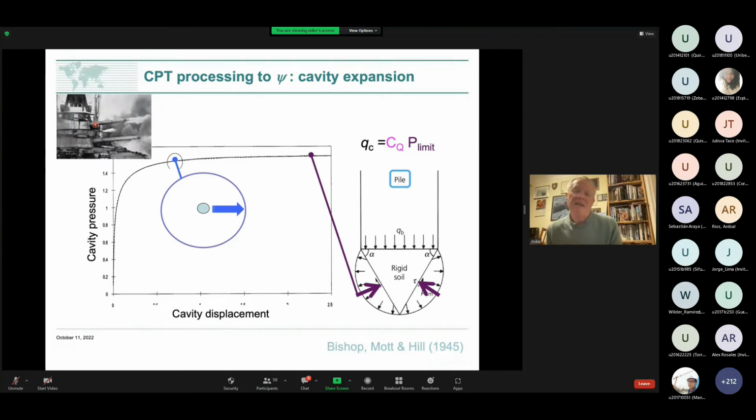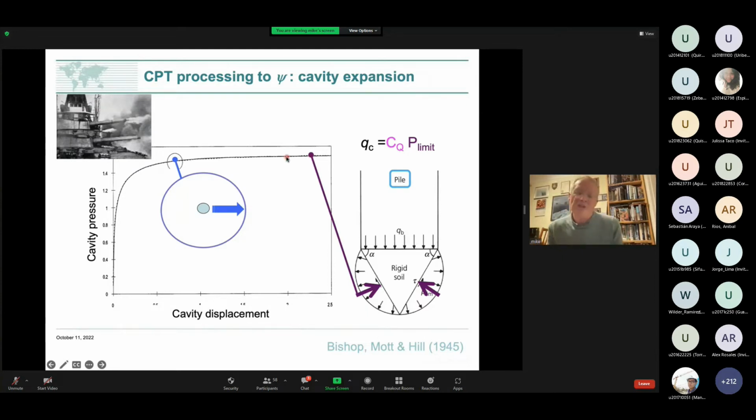And the nice thing about cavity expansion is that if you increase the cavity pressure, so you imagine we've got a small cavity here and we start increasing its pressure, eventually the cavity expands. What you find is you get a pressure versus displacement diagram that looks like this. And at some point you come to a limit pressure.